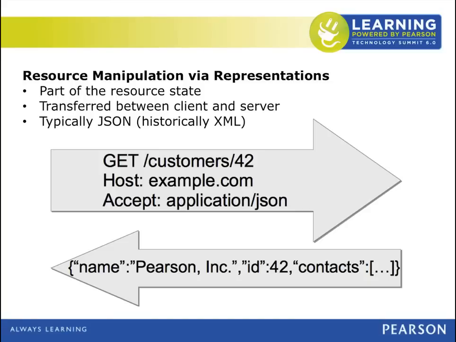One of the tools that I have doesn't work very well for XML, but the browser works great. So anyway, in essence, you do an HTTP GET on customers 42 for this host, and you accept application JSON. You get a JSON body response back. That one's pretty straightforward.